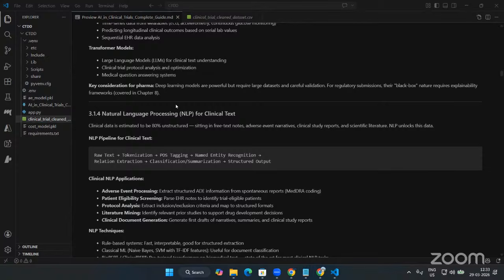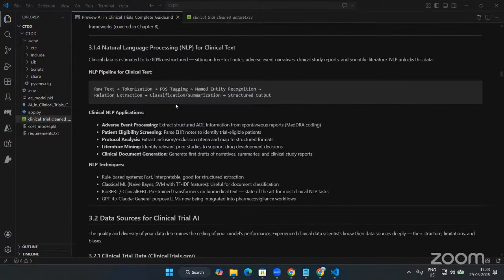So it requires explainability frameworks. It is covered in a further chapter. So deep learning is very powerful, but it requires explainability, and that is the major drawback with such deep learning models.